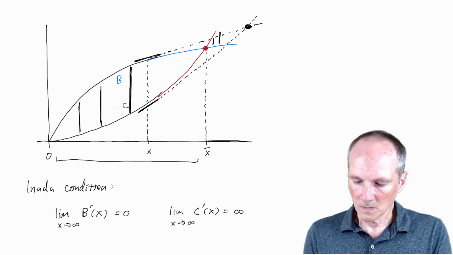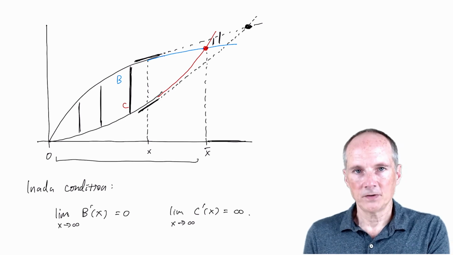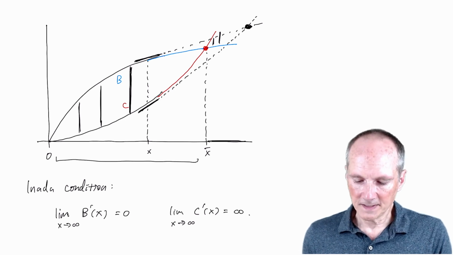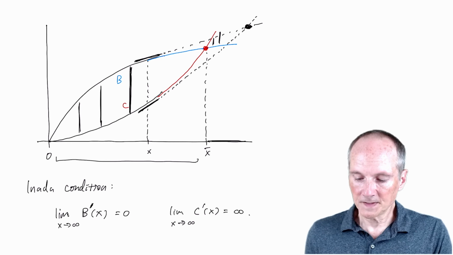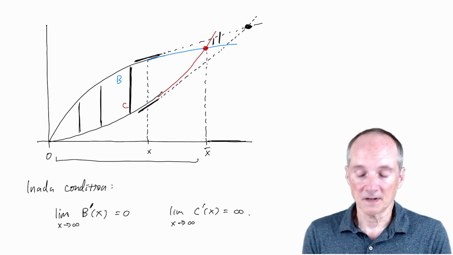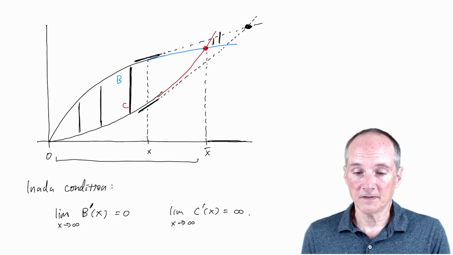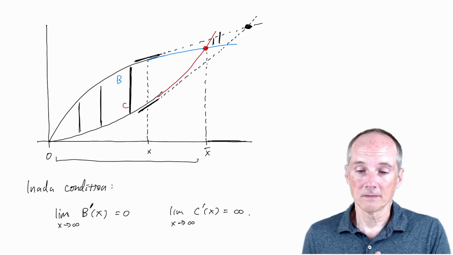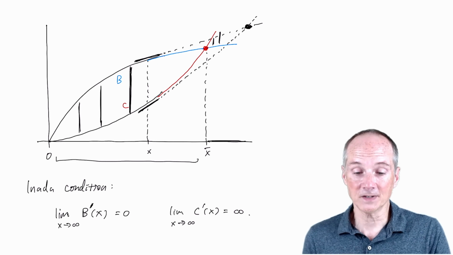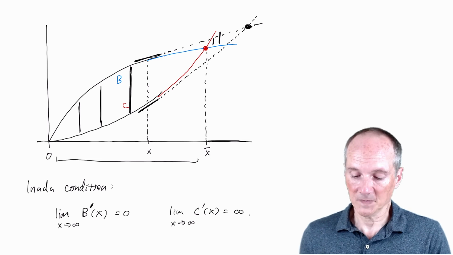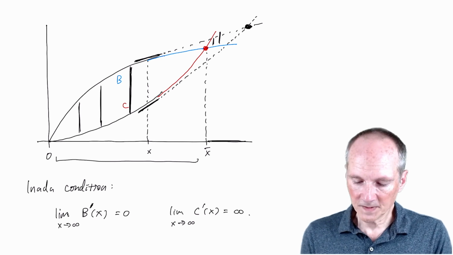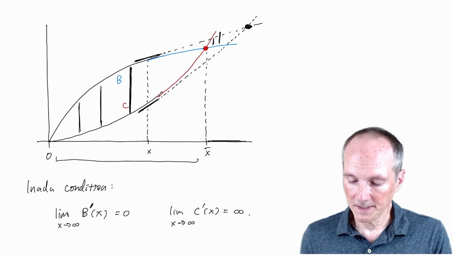So this Inada condition is stated in terms of these two limits. We don't have to go into the exact meaning of how these limits are defined, but this is a much stronger condition than what we just talked about. Obviously, if the benefit function is getting very flat and the cost function is getting very steep, then eventually at some point, marginal cost is bigger than marginal benefit. So this is stronger than what's needed for existence. But it's a term that you might see.